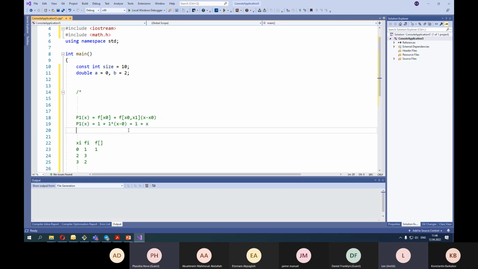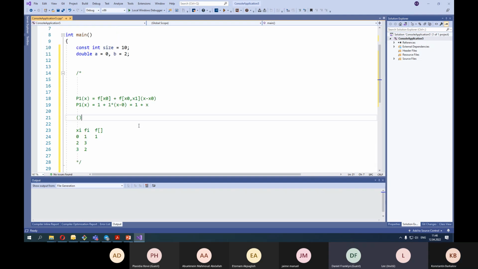Is it -1? Right. It's very, very simple. Difference of f, 2 minus 3, over difference of x, 3 minus 2, equals -1.